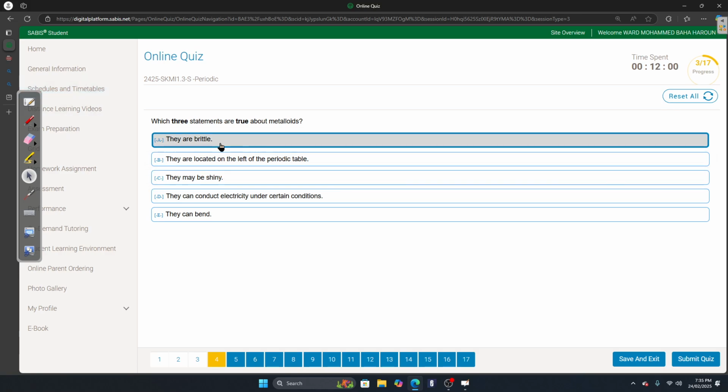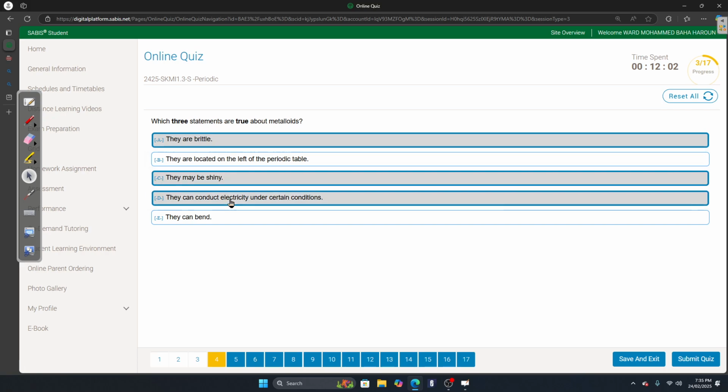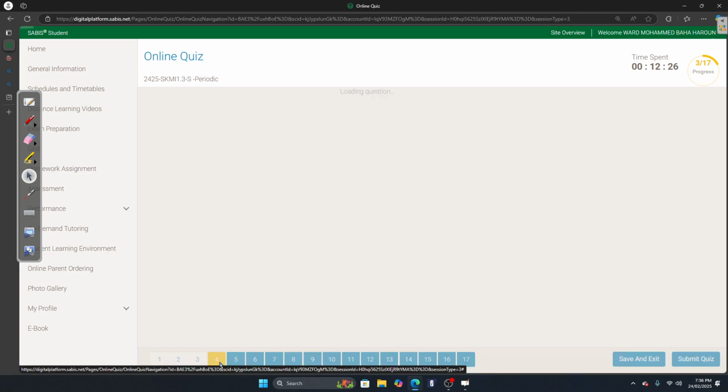Are they brittle? Yes. They may be shiny and they can conduct... Okay, so listen here. Metalloids, they can conduct electricity but only under certain conditions, okay? Like certain conditions have to be met before they can conduct electricity. They cannot bend because why? They are brittle. And they are located on the left. This is false because like what I said like 2 minutes ago, metals are found on the left, not metalloids.